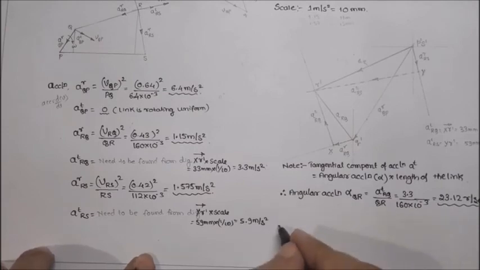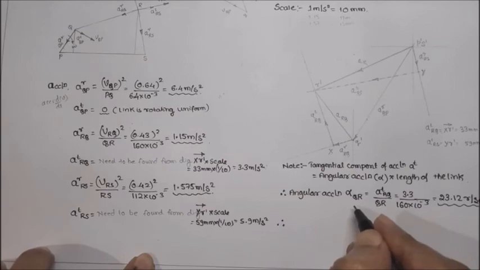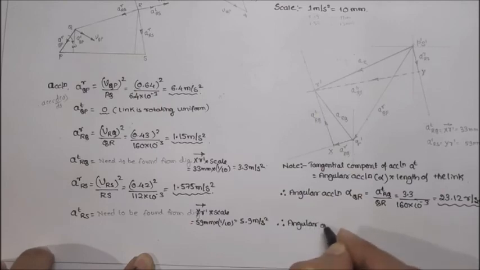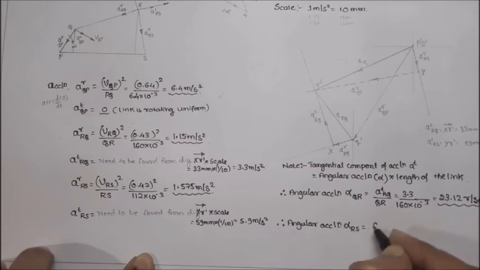Similarly, we have to find out the angular acceleration of the other link, that is RS. So alpha RS is equal to the tangential acceleration of RS, which we got from the graph, divided by the link length RS.